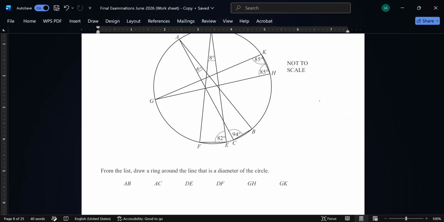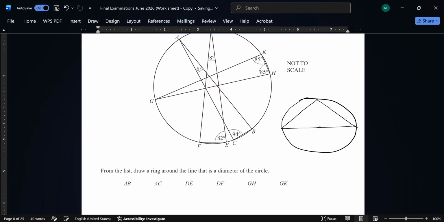Remember, there is a property. In a circle, a line which passes through the center is called a diameter line. And from the end points of the diameter, we draw two lines in such a way that they meet at the circumference.